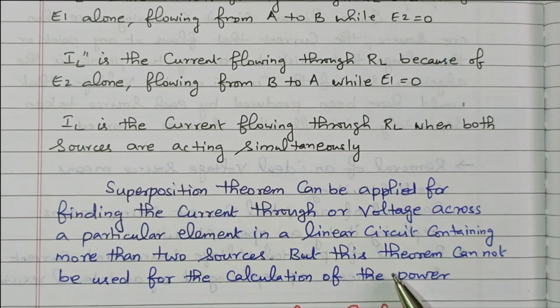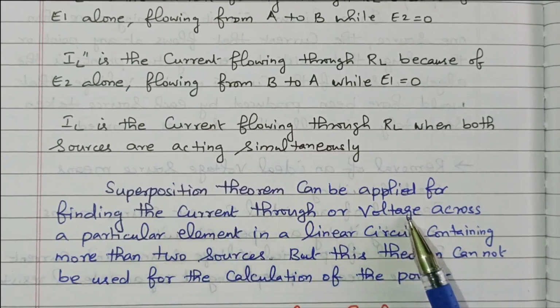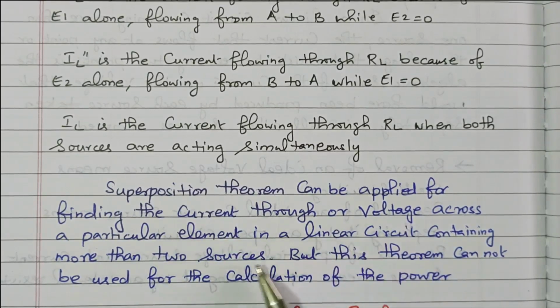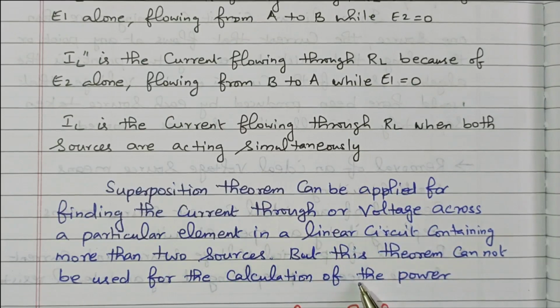We are able to find either the current flowing through the element or the voltage across the element, having two or more voltage or current sources in a linear circuit, but we cannot find the power in the circuit by using that. Superposition is applicable only for current sources or voltage sources to find the current flowing through the element or voltage across the element, not applicable to find the power.